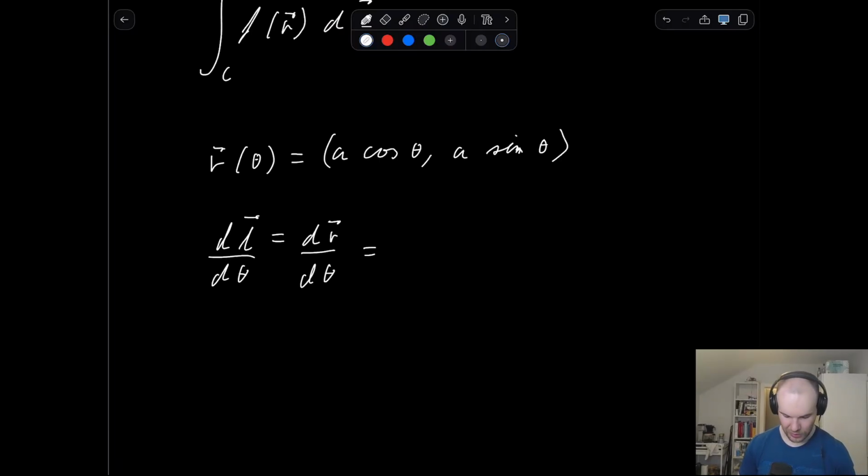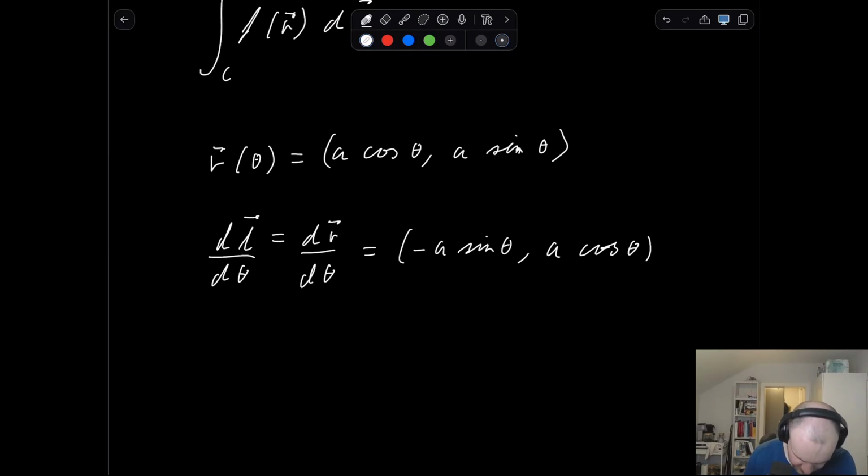And if we do that, that just is taking the derivative in terms of theta. And theta is not a function of t or something, it's just theta. So this is pretty simple. This is just a, and then we have cosine theta. So this is, of course, just minus a sine theta. And then we have just a cosine theta, like that.